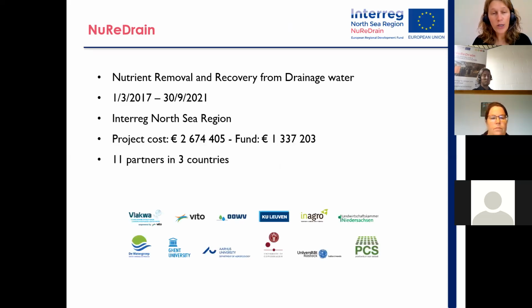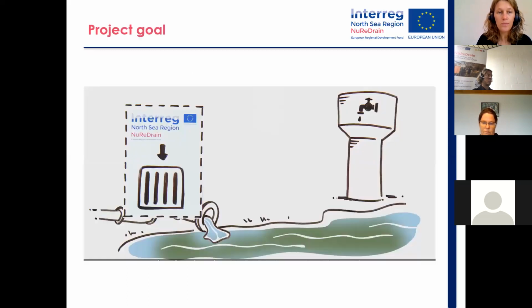So as a brief introduction for the people who are new today, the NuReDrain project is about nutrient removal and recovery from drainage water. It's a project which is funded by the Interreg North Sea Region program, and we are 11 partners working together from 3 different countries, being Denmark, Germany, and Belgium. So the goal of our project is to combat eutrophication, and we do so by installing end-of-pipe technologies to remove nitrogen and phosphorus from agricultural-related waters before they end up in the surface water.